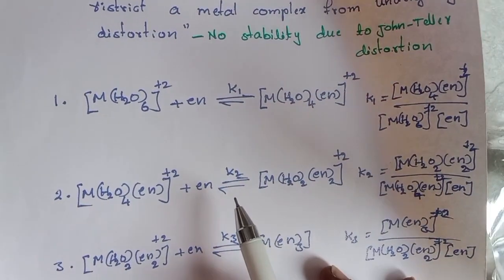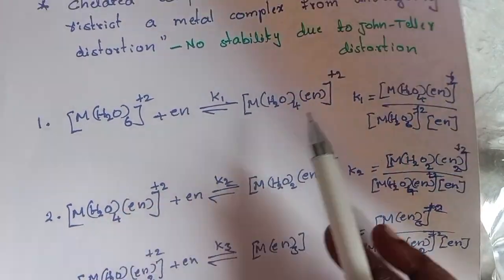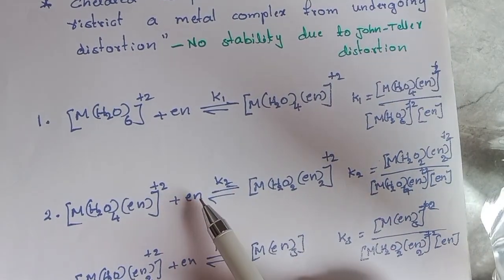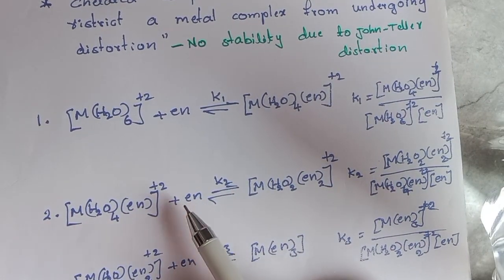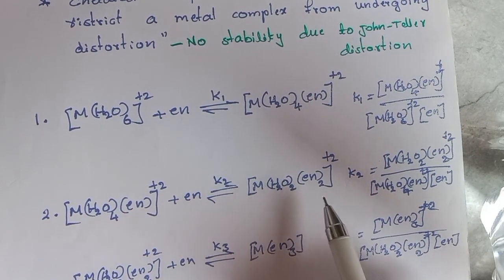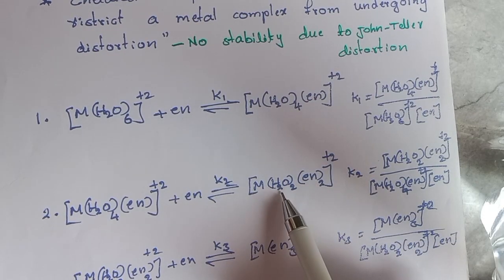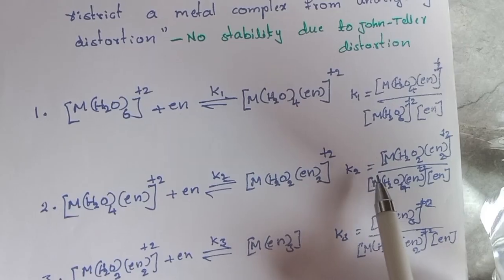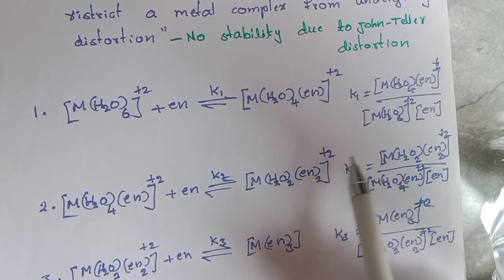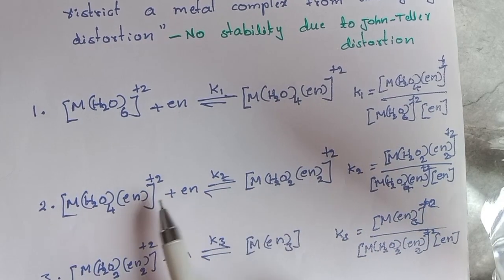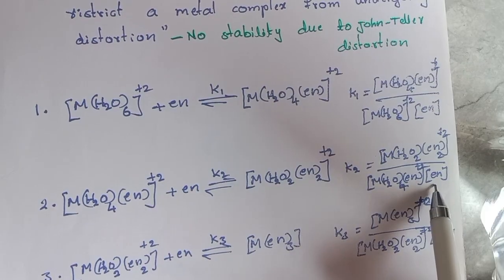Next, in this product we again add the ethylenediamine ligand, so two ethylenediamine molecules have been added and two water molecules remain. The stability constant is again the concentration of products over the concentration of reactants.